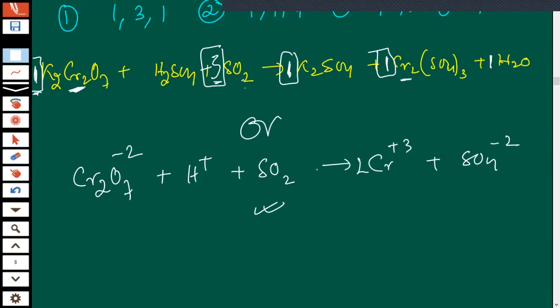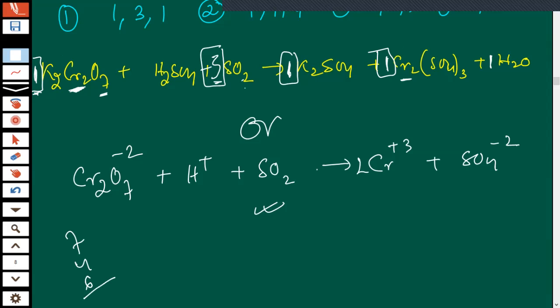Now see how many oxygens are here. Calculate how many oxygens there are. 7 plus 4, 11. This is 7 and this is 4, 4, and 6.